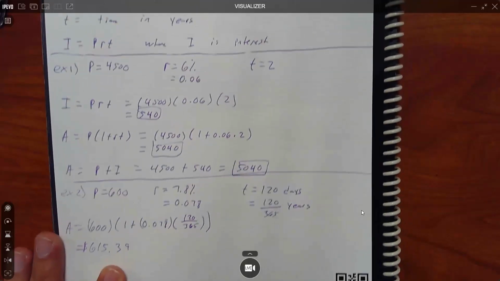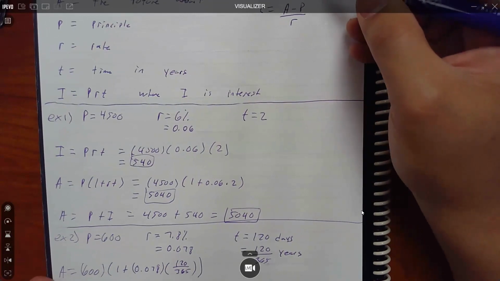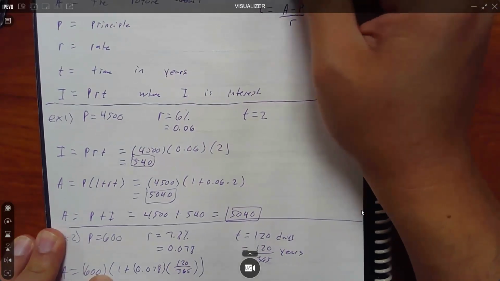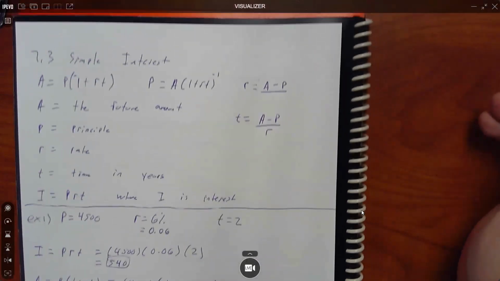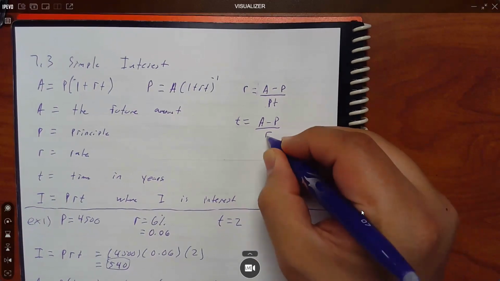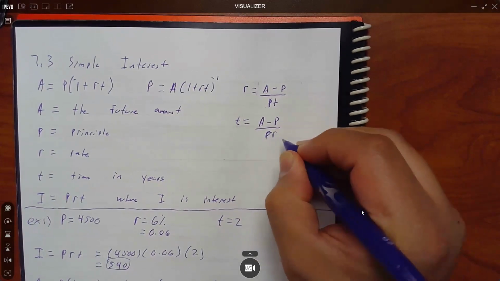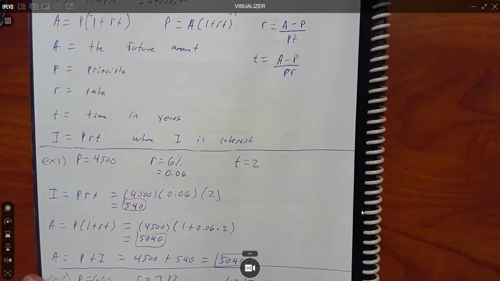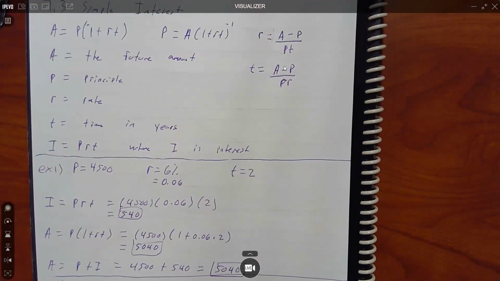Right here. Our rate should be P times T on the bottom. Sorry about that. And this should be PR. So just fix those two.